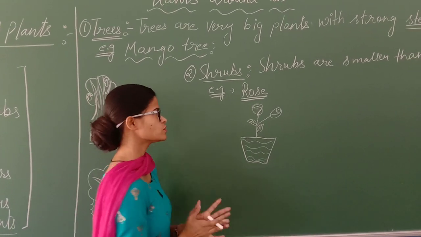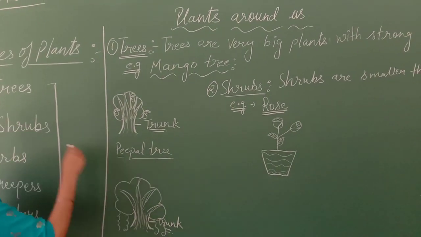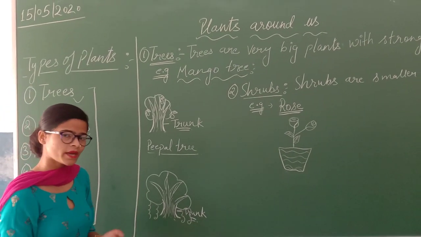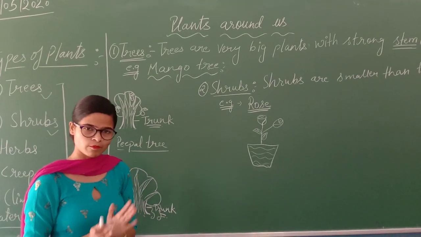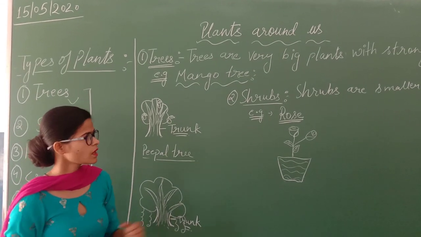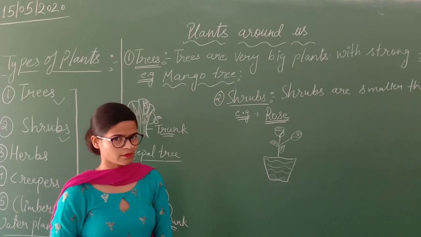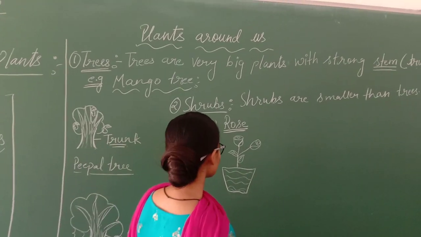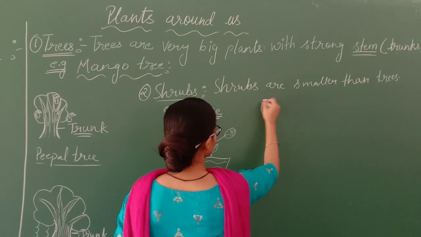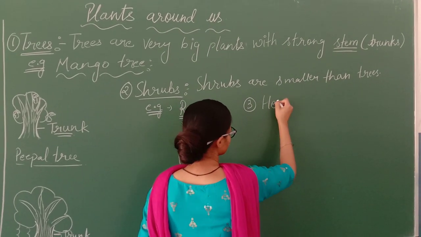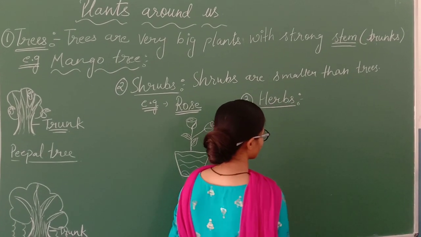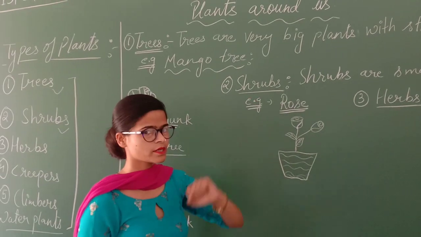So the two things we have covered are trees and shrubs. Trees are big plants, whereas shrubs are small plants. Trees have a very strong stem, whereas shrubs have a woody stem. The third thing we will learn about is herbs. What are these herb plants? Herb plants are smaller than shrubs.